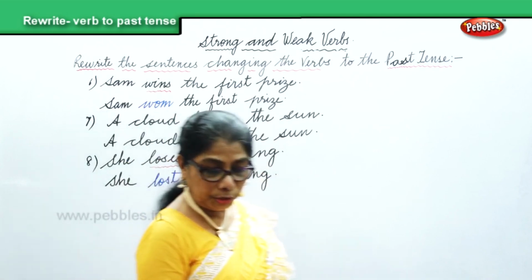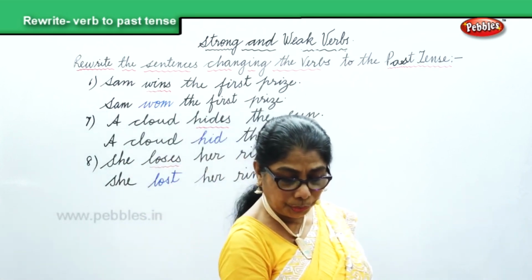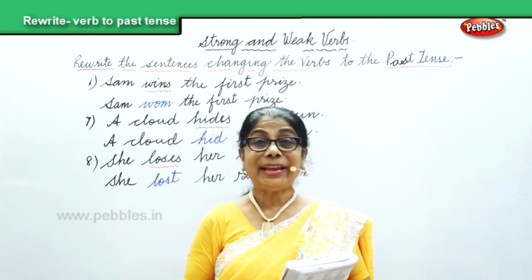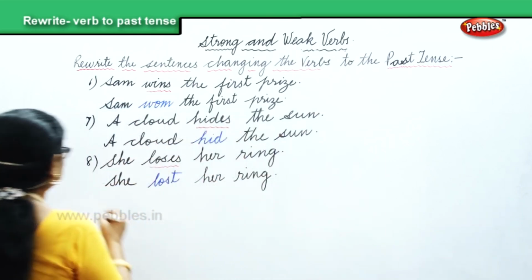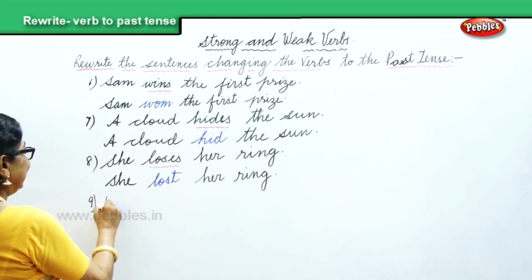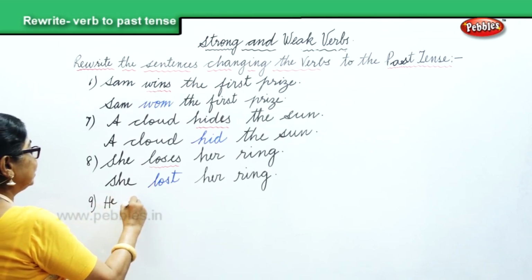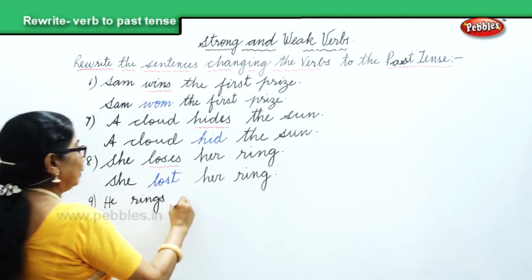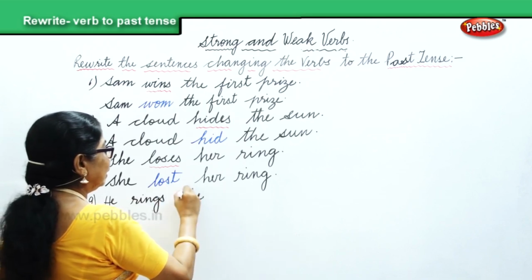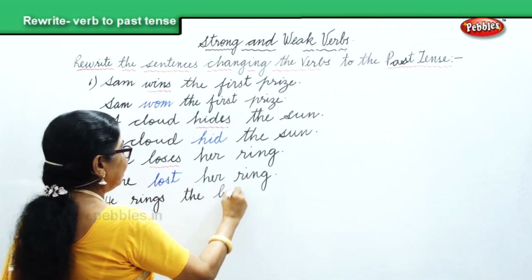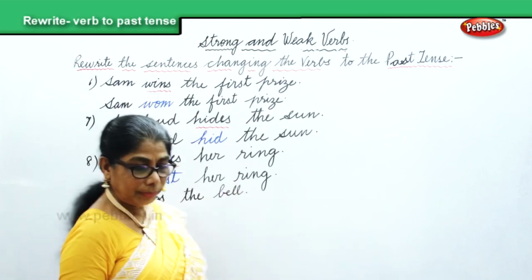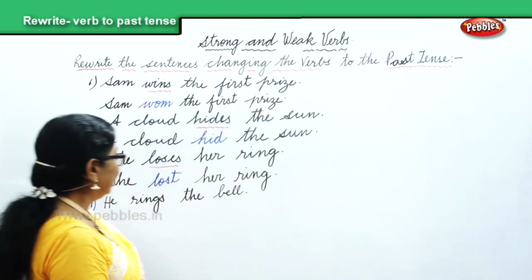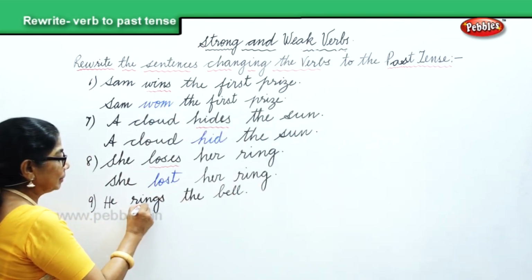Okay. We'll go to another sentence for you. Here we have, he rings the bell. Now, the verb here is rings.